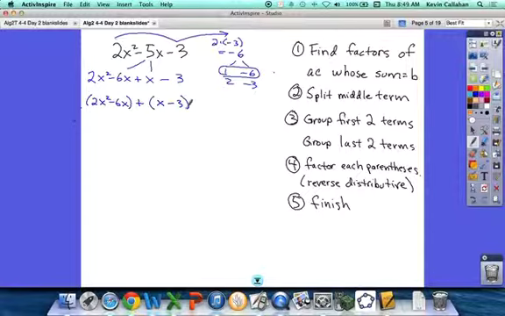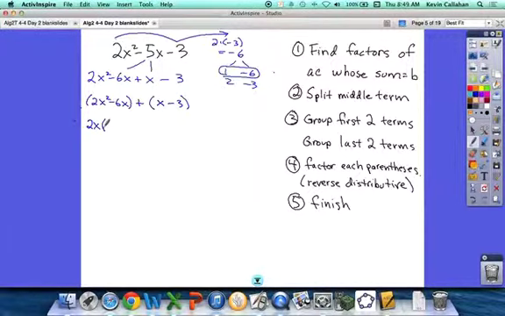That's this step. Okay, now factor, greatest common factor factoring, each set of parentheses. Like what's the greatest common factor between 2x squared and 6x? 2x, right? There's a 2 in common, and there's at least one x in both terms. So take a 2x in front.